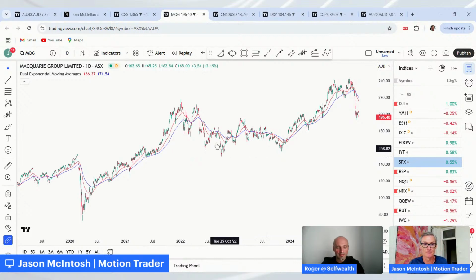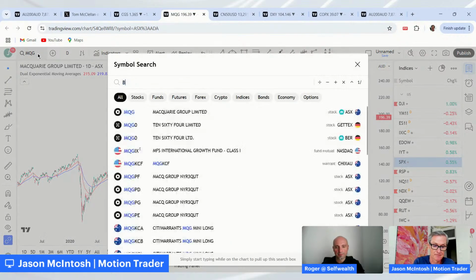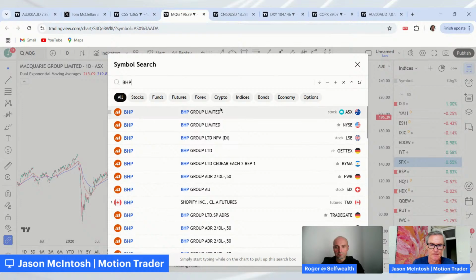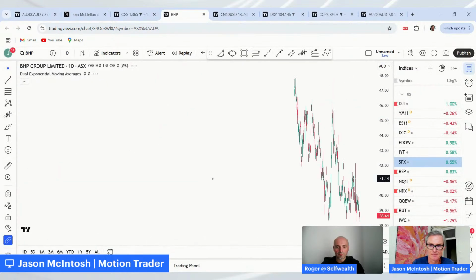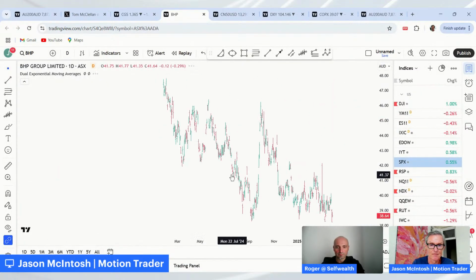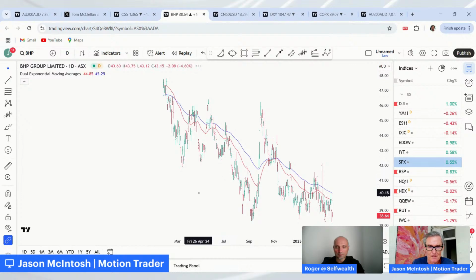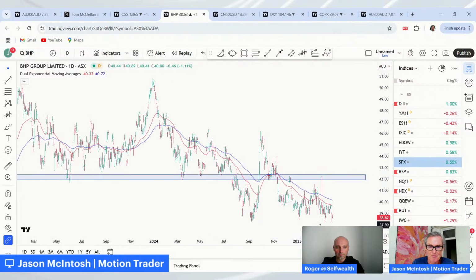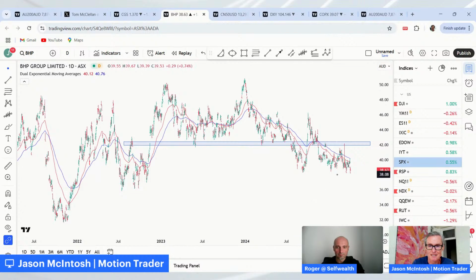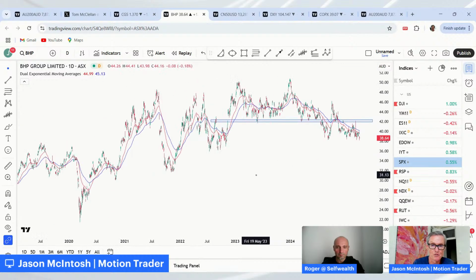All right, let's have a look at the two big miners here, BHP and Rio, please. BHP, we've still got these declining moving averages and it's still below this overhead resistance, which comes in at around 42.